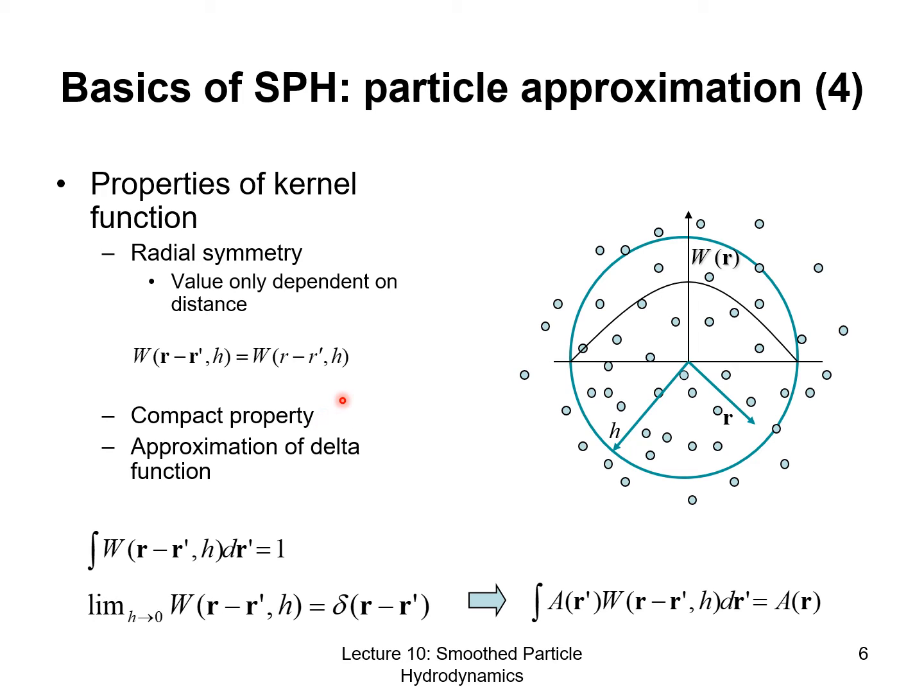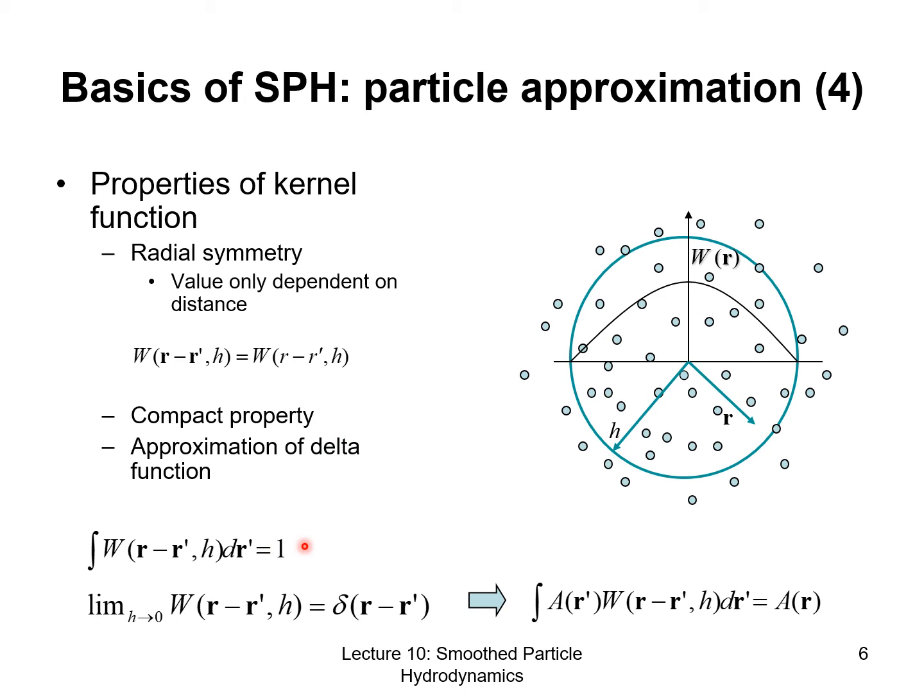This is the same as the cutoff radius, because we hope this kernel function only has a value within the cutoff radius, so we don't need to consider many particles around for this approximation. Another property is that the function's integral should be equal to 1 in the entire space.